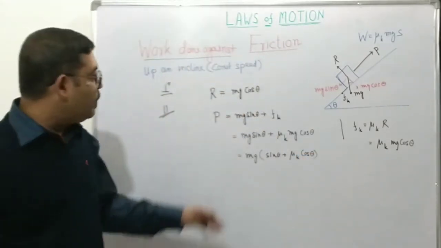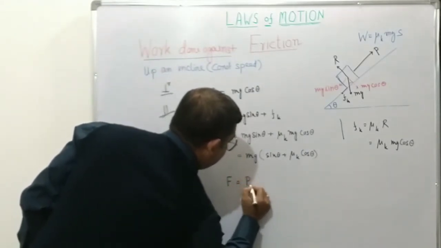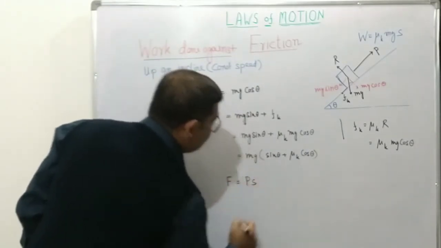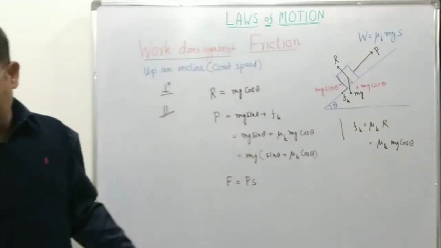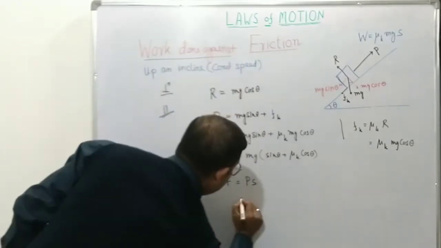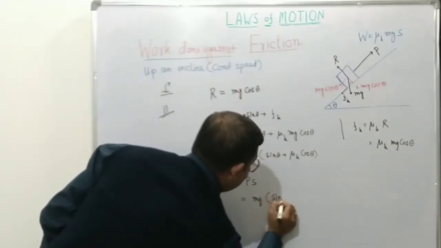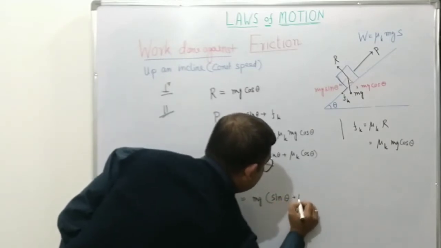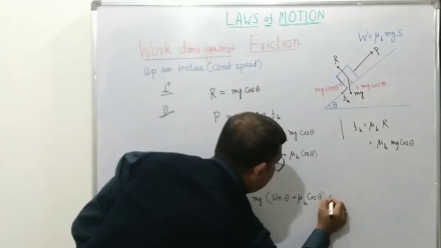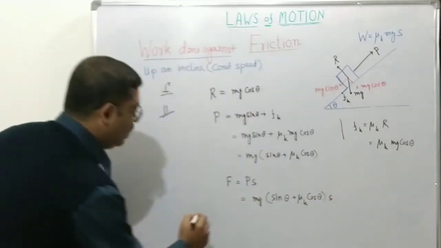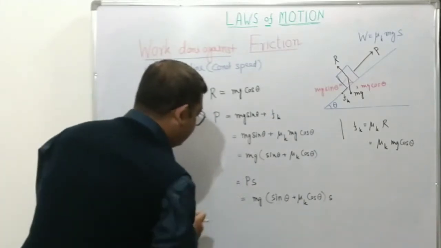So what will be the work done by the force P? It must be equal to the applied force into the displacement, which, simply substituting the value of P here, we get mg (sin theta plus mu k cos theta) into the displacement. So not F, sorry, this will be the work done.